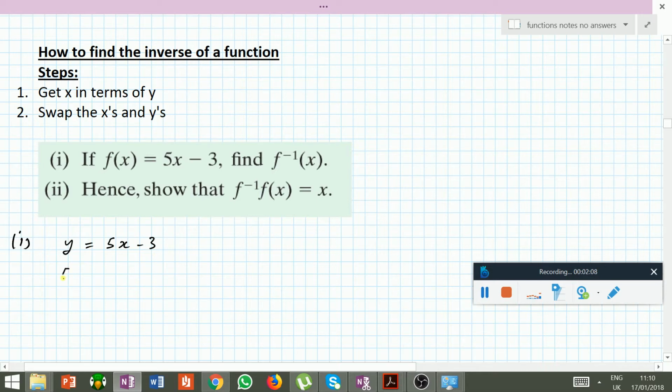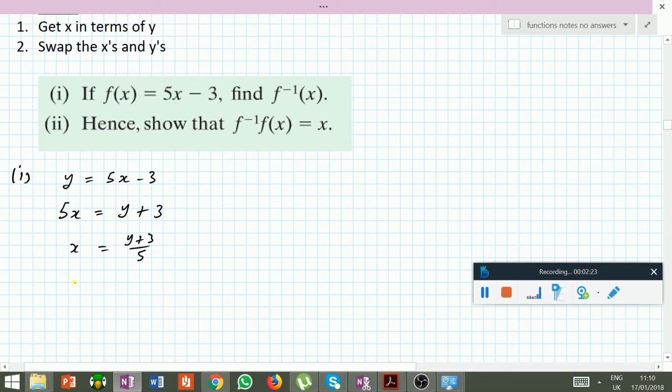Swap it around: 5x is equal to y plus 3. We take it across and reverse them. Then x is equal to (y plus 3) over 5. And all you do now is swap around and say y is equal to (x plus 3) over 5. And you're done.